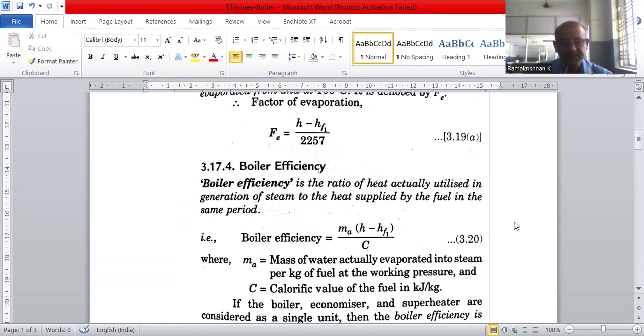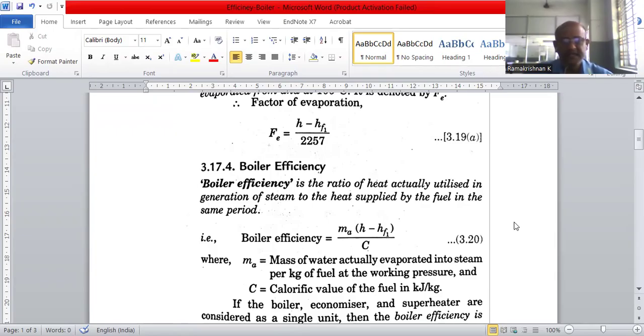Generally, performance is expressed in terms of boiler efficiency. Simply speaking, the boiler efficiency expresses how well the boiler utilizes the fuel to convert it into steam, that is, the capacity of the boiler to generate steam for an input of fuel.